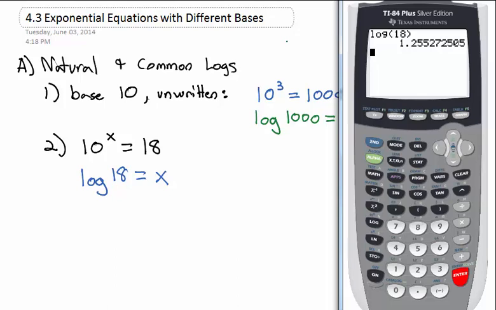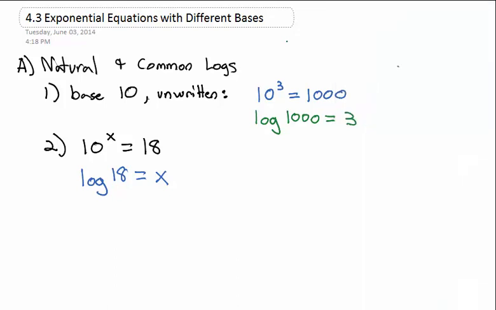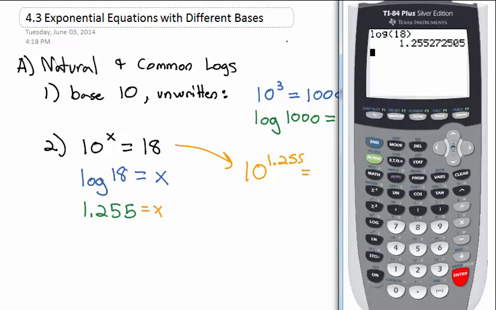Our value for x is 1.255. And we rounded down, so it's going to be a little bit less than we wanted. But if we wanted to check that answer, 10 to the x, 10 to the 1.255 power on our calculator, 10 raised to the 1.255 power.